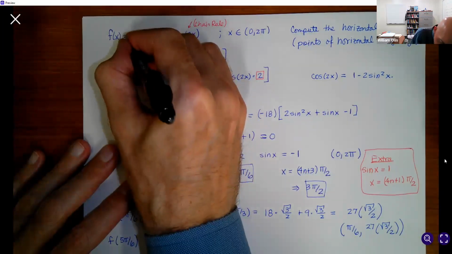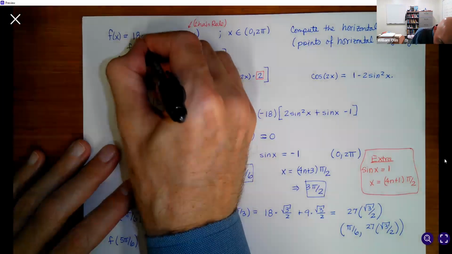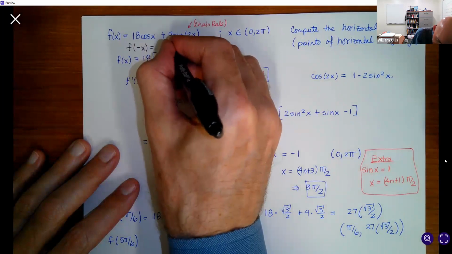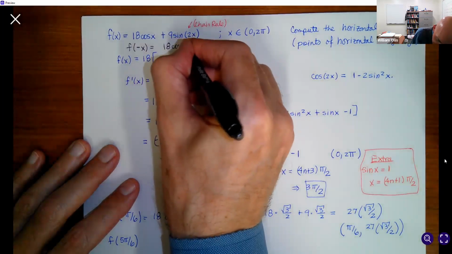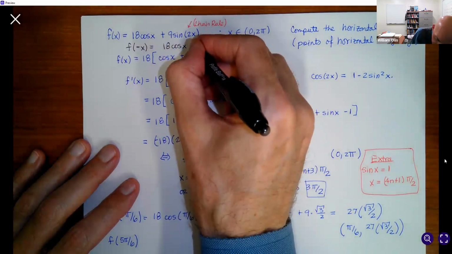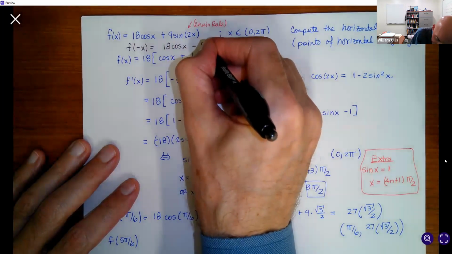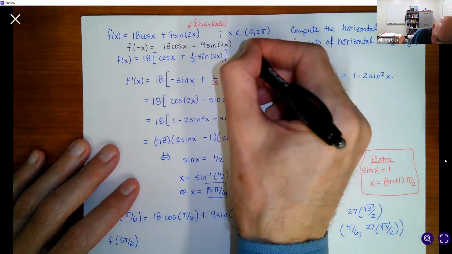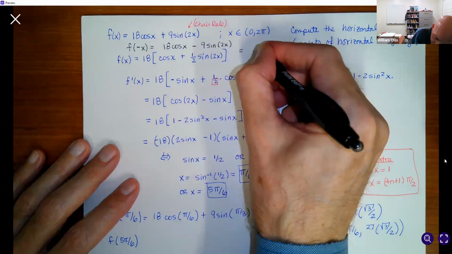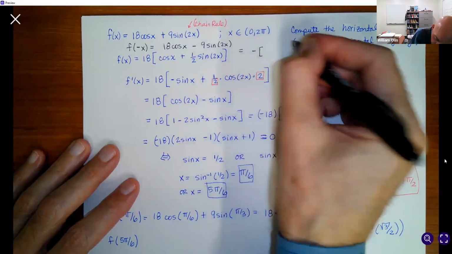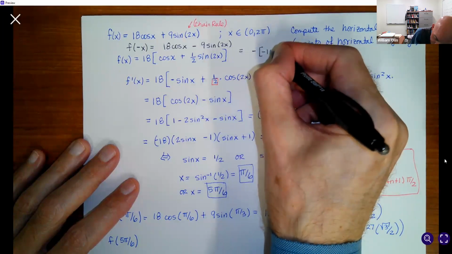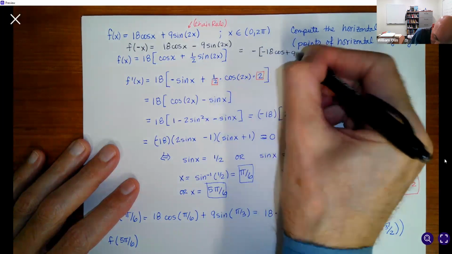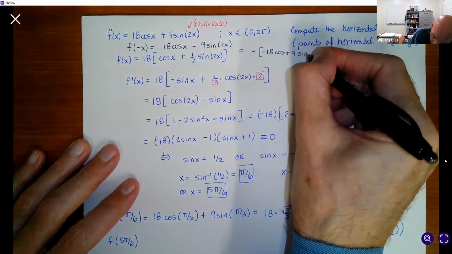So f of negative x, of course, that would absorb, so I'll just write it as it is, cosine of x, because cosine's even, and then we'd have minus 9 sine 2x, because sine is an odd function. So, of course, if you factor this, you just get negative, and then you have what? Negative 18 cosine x plus 9 sine 2x.